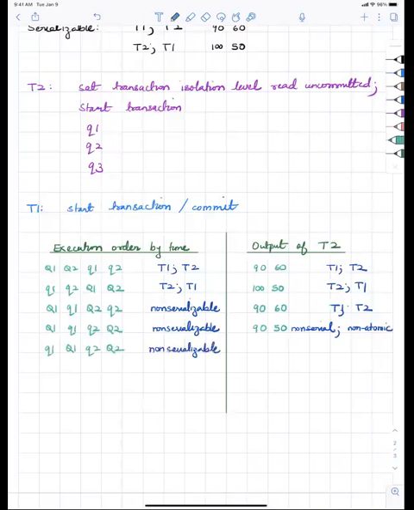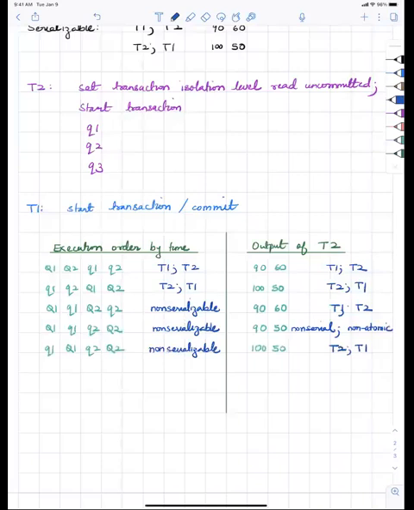And out here, it's going to be 100 and 50. So it looks like T2 happened, then T1. So this is an example where the execution was non-serializable, but the output is serializable.